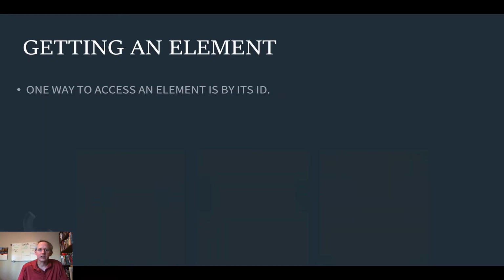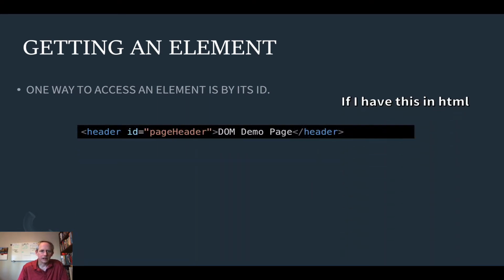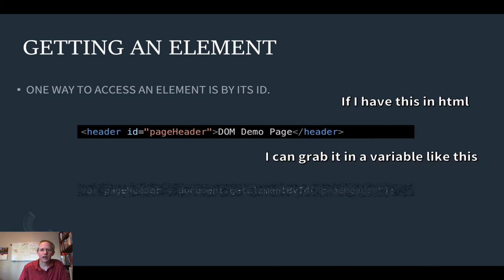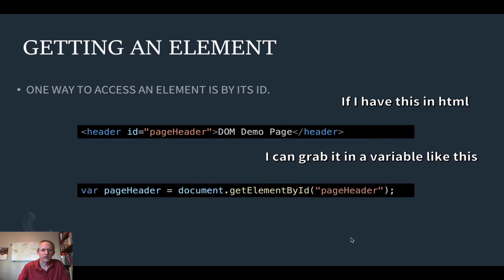So to get an element, the most direct way is to get it by its ID. If I have this in HTML, a header with an ID of page header, I can grab it into a variable like this. I do document, remember that's that parent object of everything else in the page. document.getElementById.